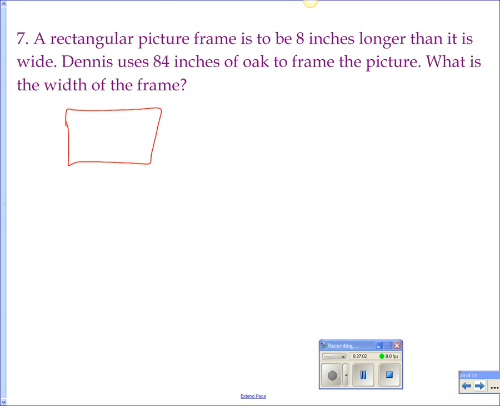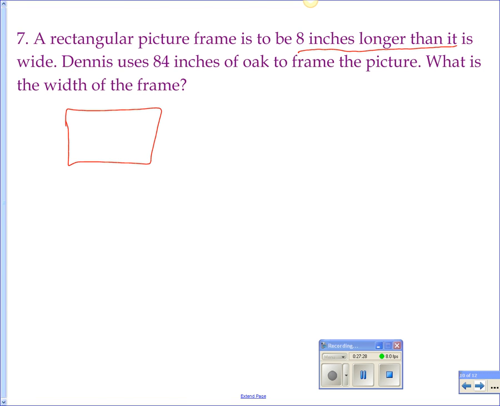Tell me something about the picture frame. It's going to be what? Okay. So if I have something that's 8 inches longer, does that mean it's talking about the length or the width?